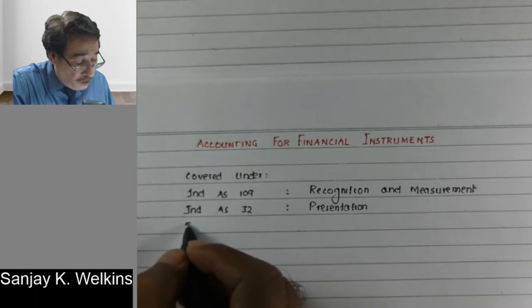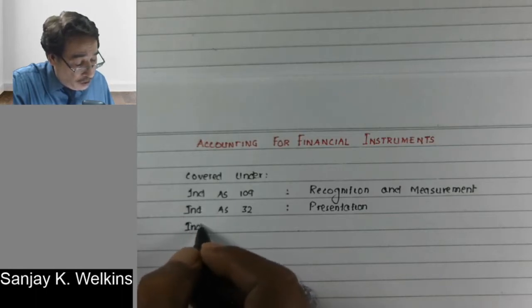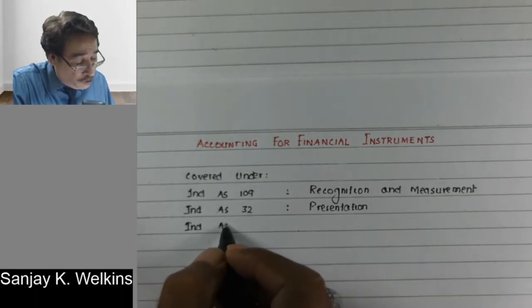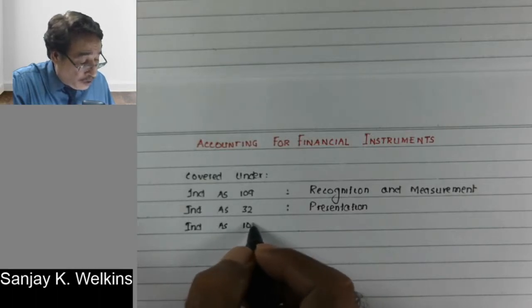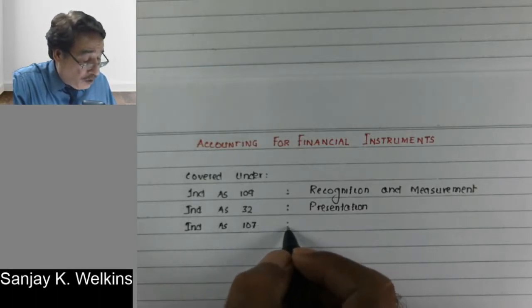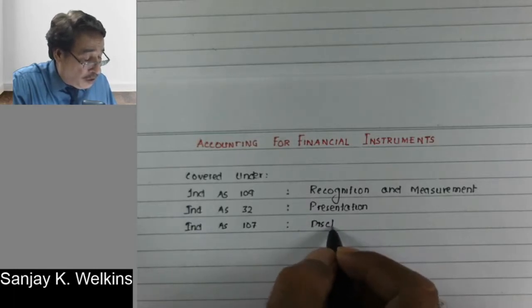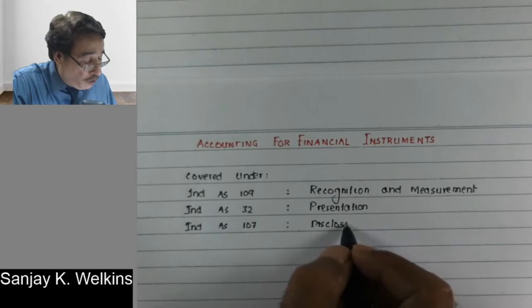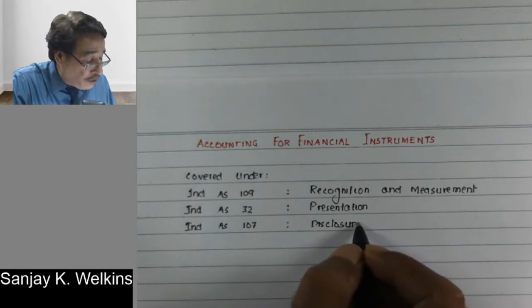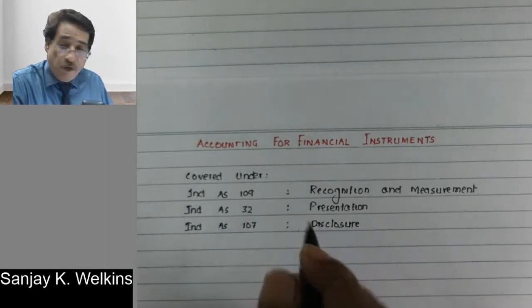Besides that, we have another standard, Ind AS 107, which takes care of the disclosure aspect of this chapter. So these are the standards which, as I've already told you, provide guiding lights with respect to the accounting for financial instruments.